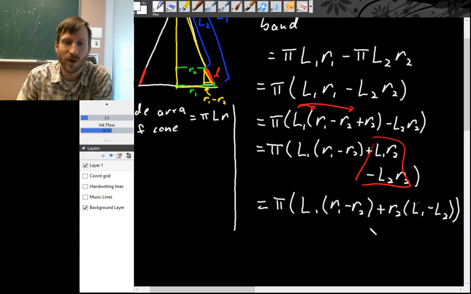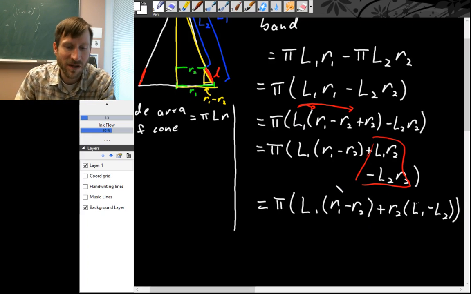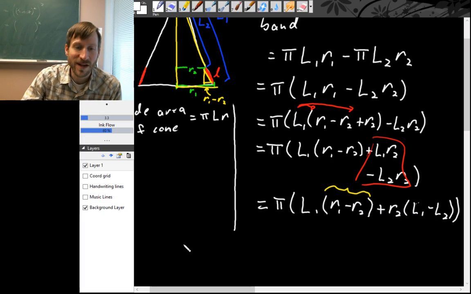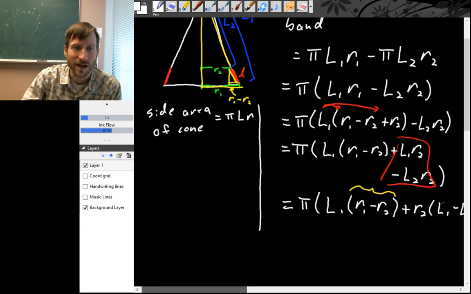Like this. Okay, so now we have the piece right here, R1 minus R2, that we thought would be useful for similar triangles. So let's write down similar triangles to see what we get.